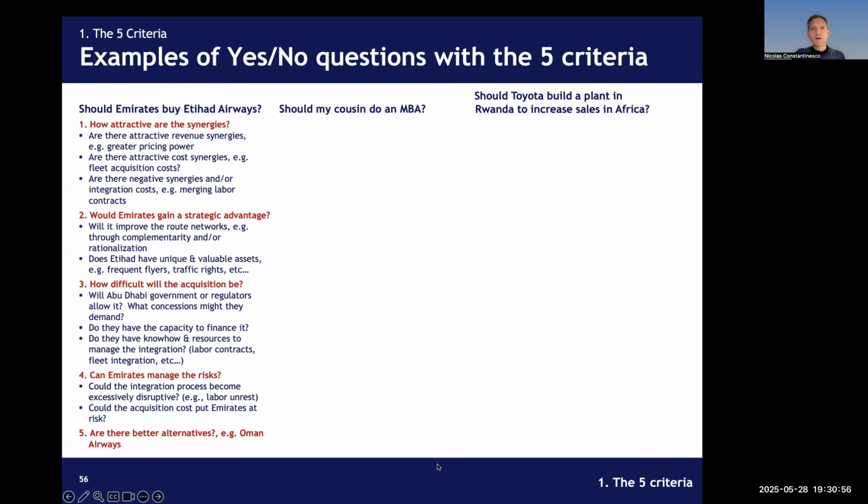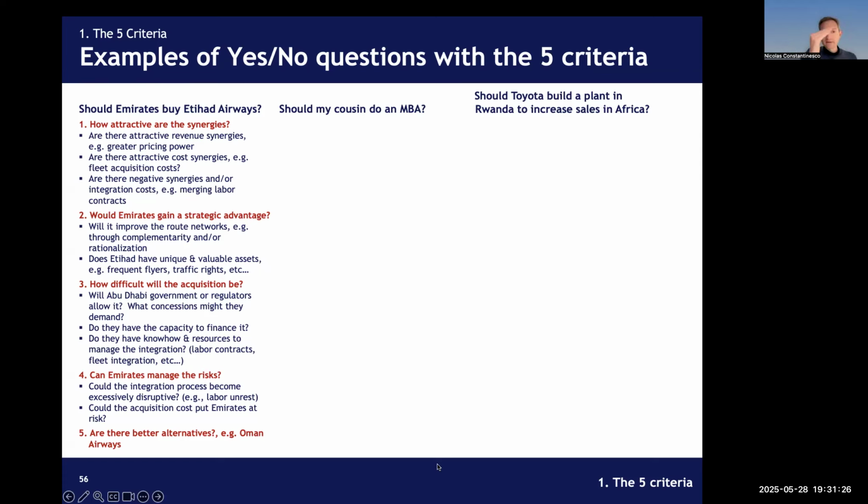In any kind of acquisition where there are a lot of non-management workers involved who can often be unionized, but even if they're not unionized, you have a lot of personnel risks associated with acquisitions like that. And then, are there better alternatives? Maybe Oman Air is an easier thing to do.